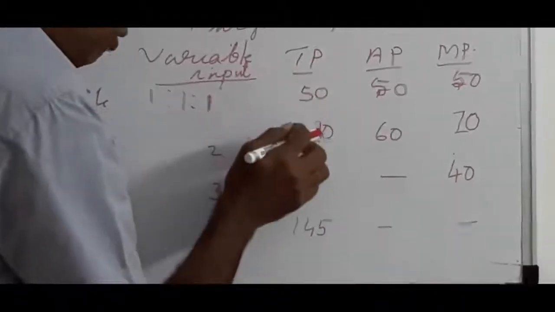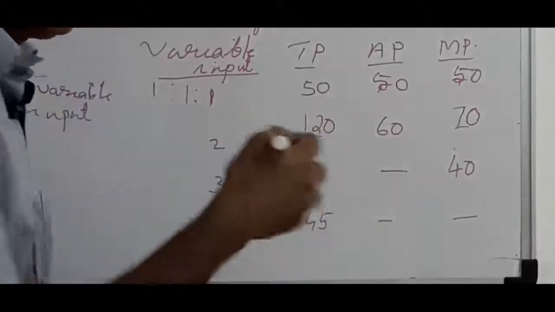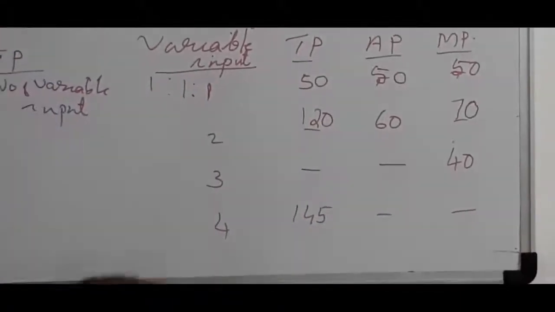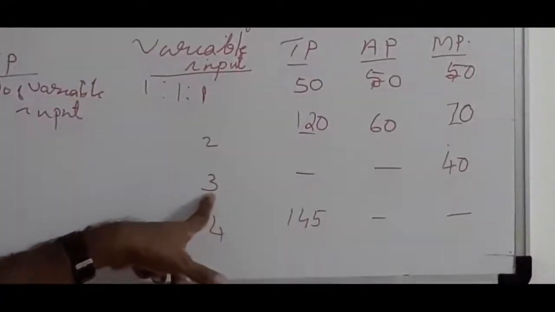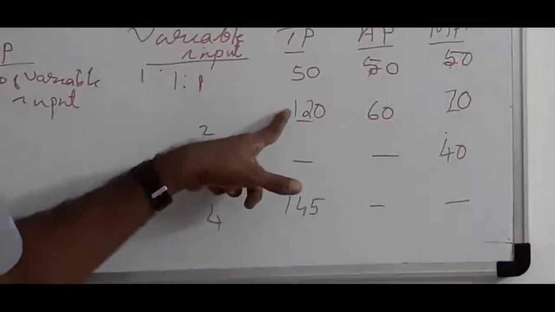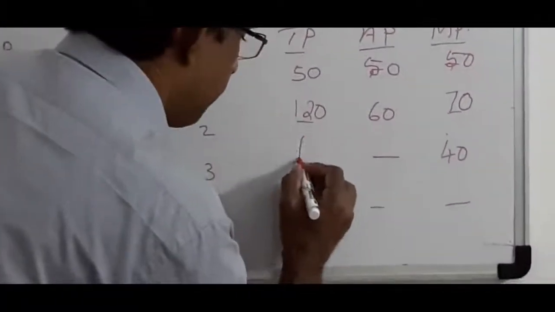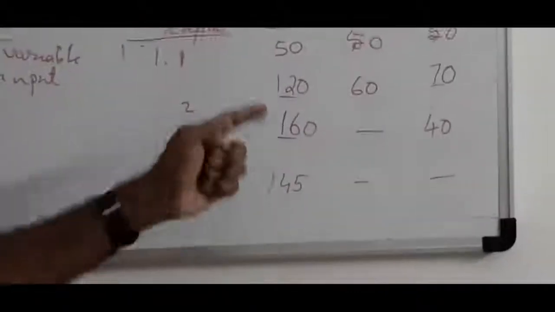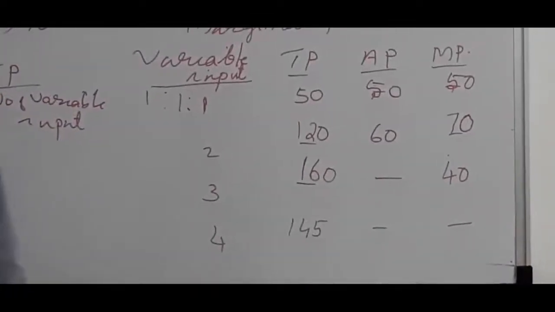Total product was 120 and it increased by 40 breads. Then what is the total product when he uses 3 kilograms of wheat flour? 120 plus 40, that is 160. Right.